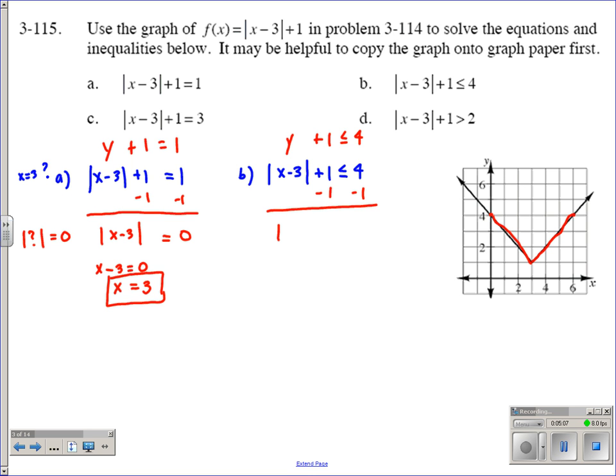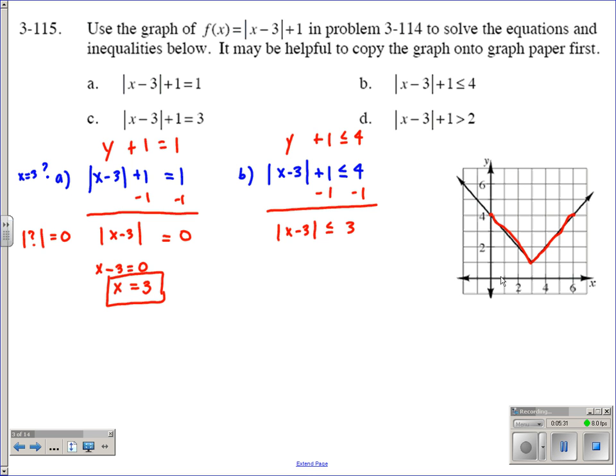And we should have the absolute value of x minus 3 is less than or equal to 3. Now, many of you learned this in Algebra 1. Some of you may remember it, some of you may not. But this here is going to be a conjunction because we're dealing with an inequality here.